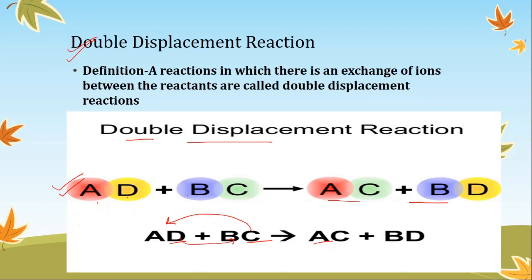So the definition of a double displacement reaction tells us that a reaction in which there is exchange of ions between the reactants is called a double displacement reaction. There is the exchange of ions between these ionic compounds.